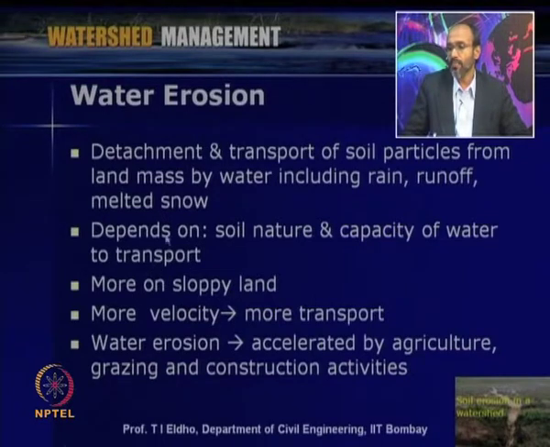You can see that if you go to the field during rainfall, when soil water erosion takes place, water erosion will be more on sloping lands. If the water velocity is higher, then more transport will take place, and more soil will be eroded. Water erosion is also accelerated by agricultural activities, grazing and construction activities.